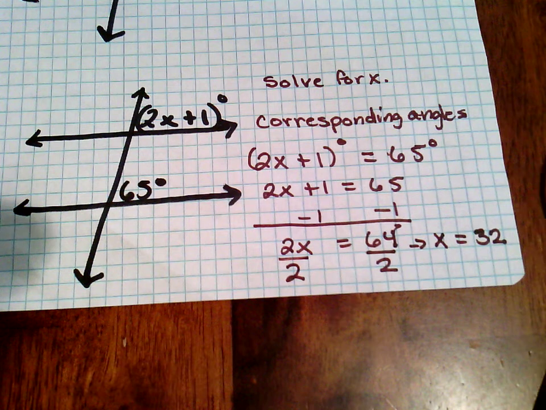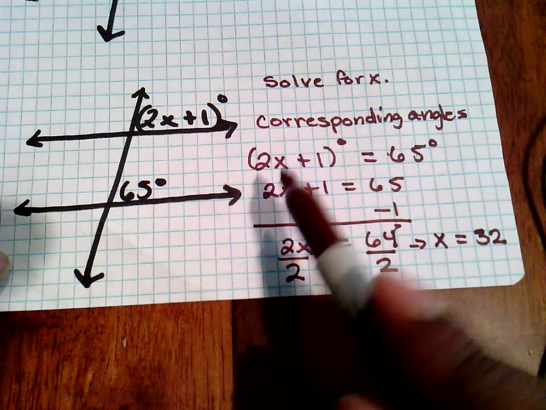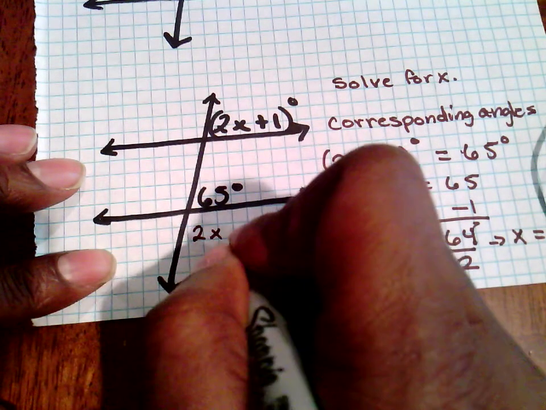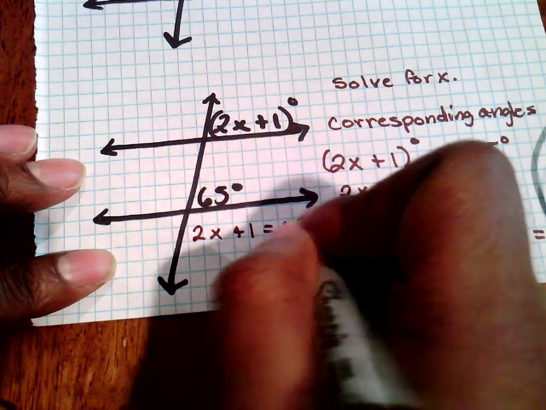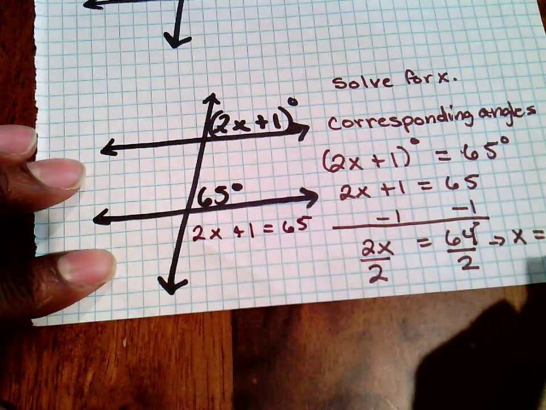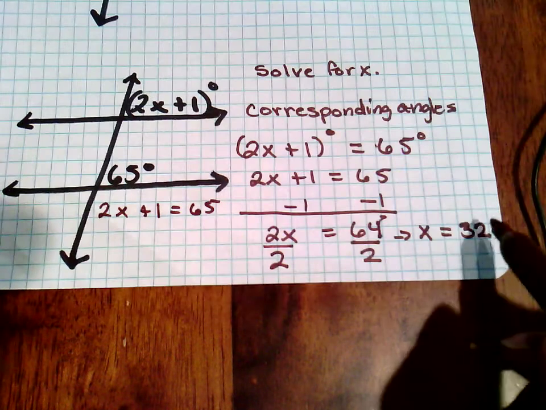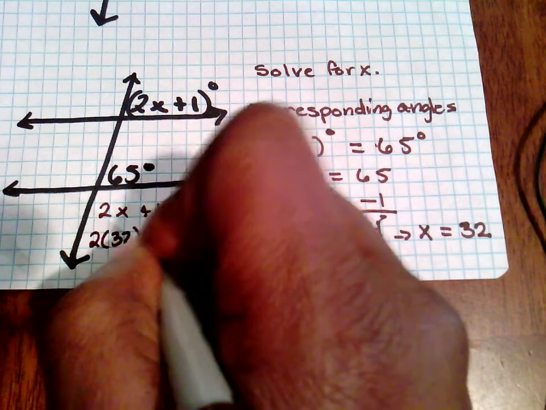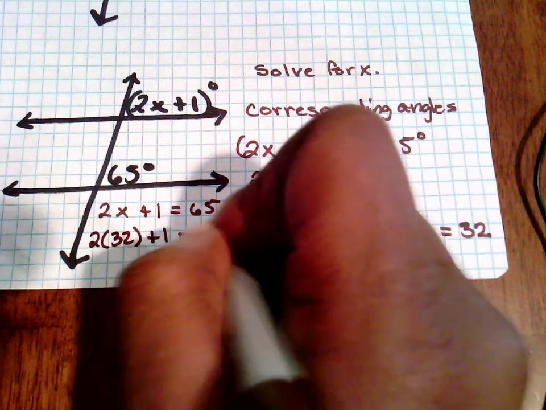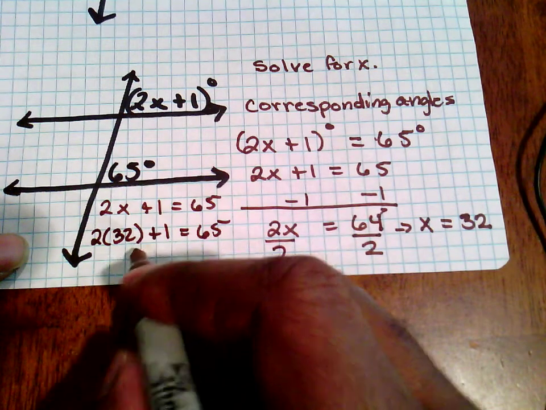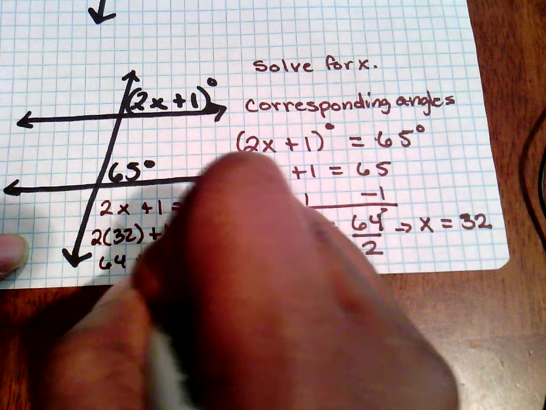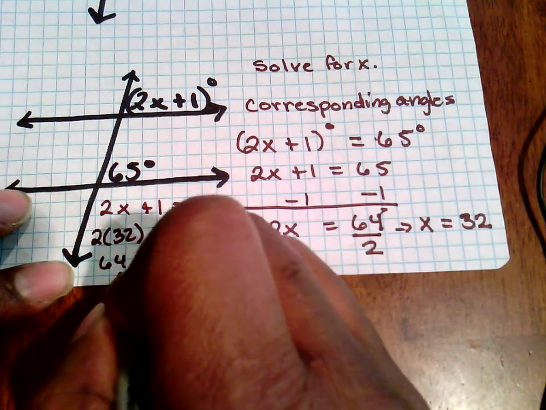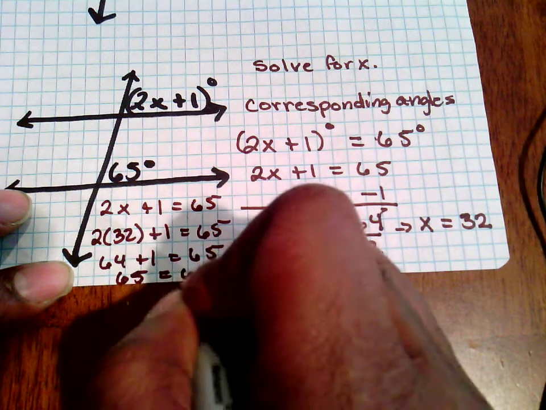And if you really want to check this, we can substitute 32 back into the equation. That's 2x plus 1 equals 65, and we're evaluating the equation for x equals 32. So that's 2 times 32 plus 1 equals 65. 2 times 32 is 64, plus 1 is 65, equal to 65.